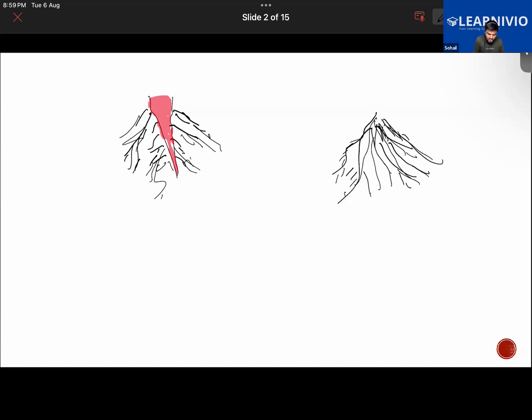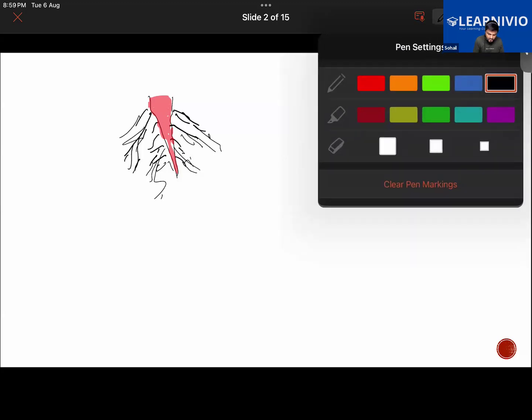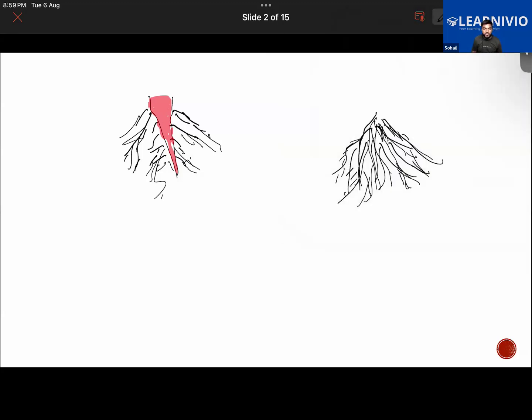Is there any main root in the second image that you can spot? There isn't any main root in this, right? So it is called fibrous roots. This one has a main root and that is called the tap root system.